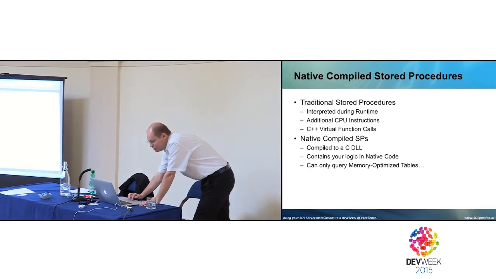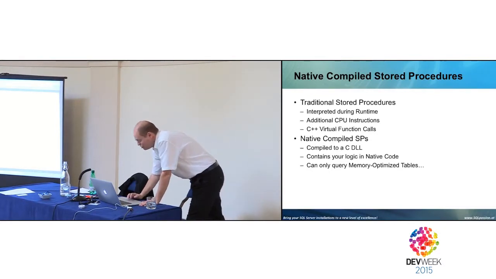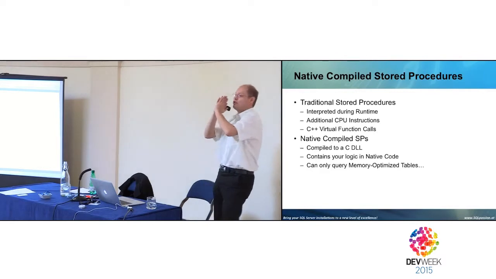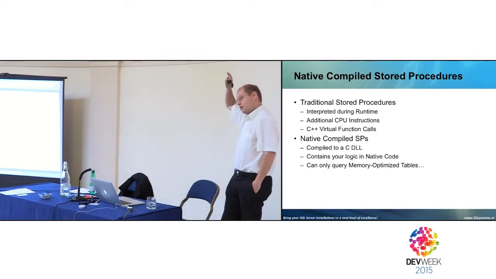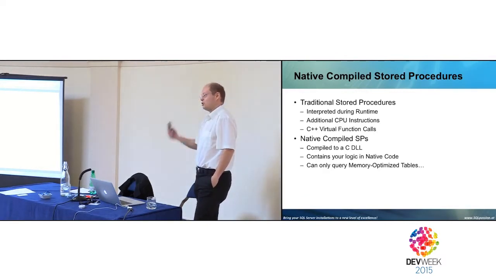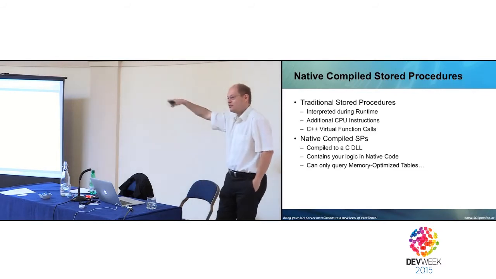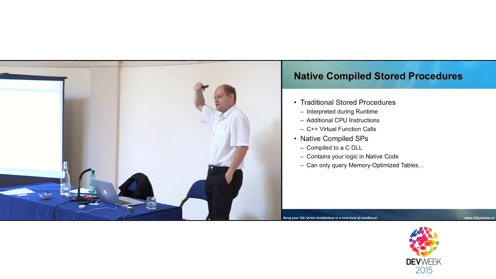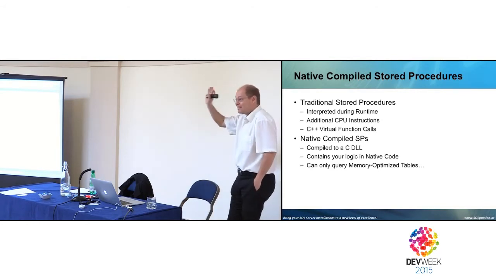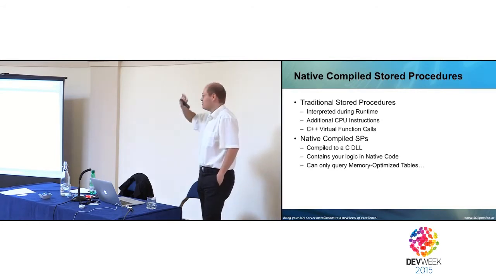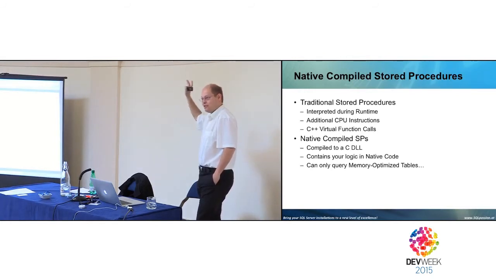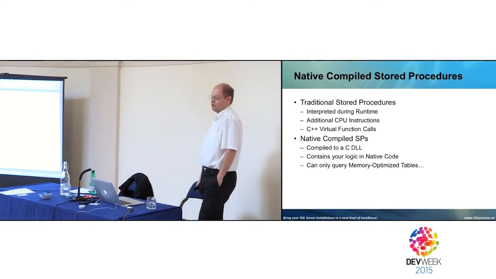When SQL Server compiles that stored procedure down to native machine code, the stored procedure goes to the query optimizer. The query optimizer compiles the estimated execution plan, and finally the estimated execution plan is compiled down to C code. But as you know, the estimated execution plan is just an estimation.